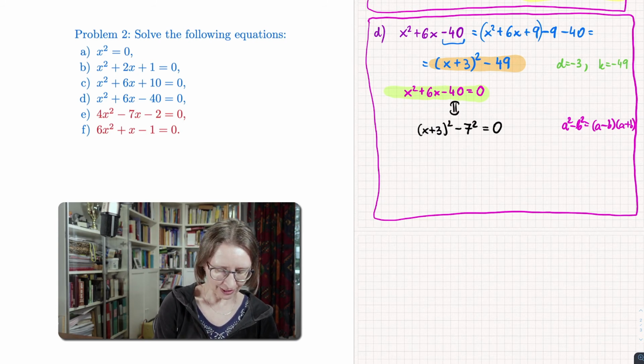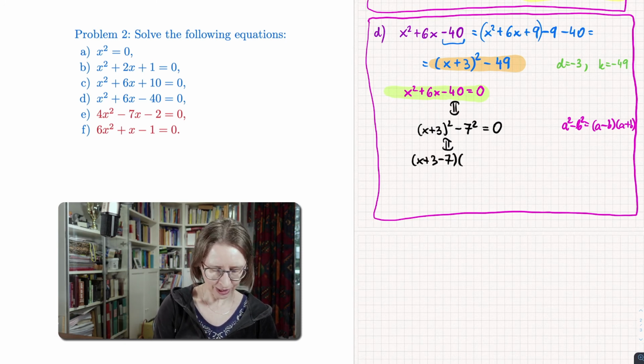So first, the difference between x + 3 and 7 is x + 3 − 7, and the sum is x + 3 + 7. And this is equivalent to (x − 4)(x + 10), because 3 − 7 is −4, and 3 + 7 is 10.